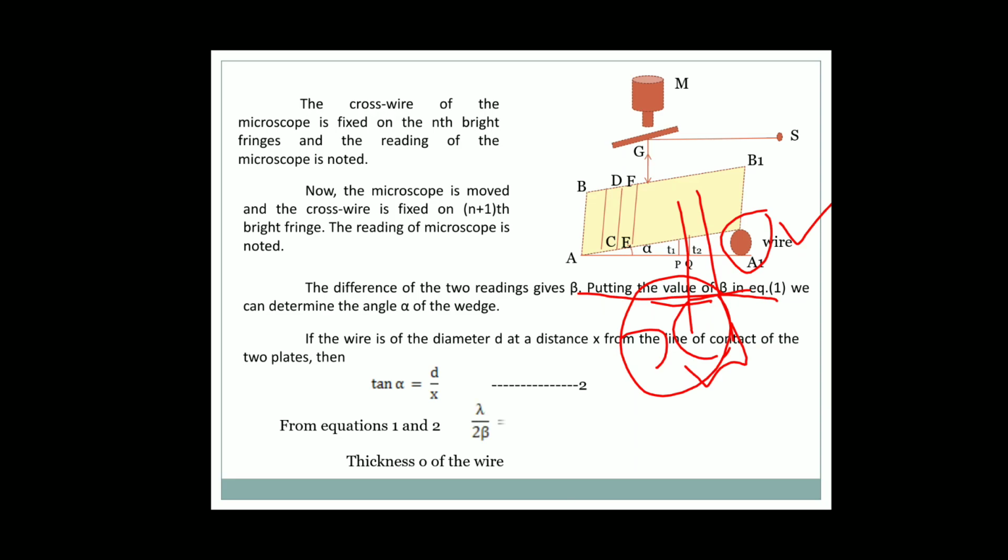When equating those two equations, lambda by 2 beta is equal to D by x. From this, the diameter of the wire D is equal to lambda into x by 2 beta. When we substitute the wavelength of light lambda, that is yellow, maybe sodium light, x is the length of the glass plate, beta is the fringe width, which can be measured by the micrometer eyepiece, then we can calculate the diameter of the wire using this formula.